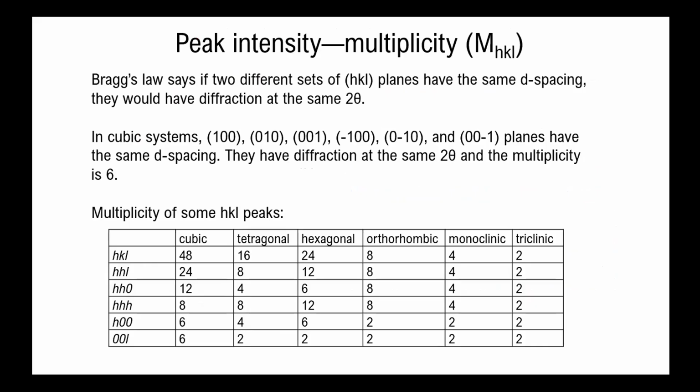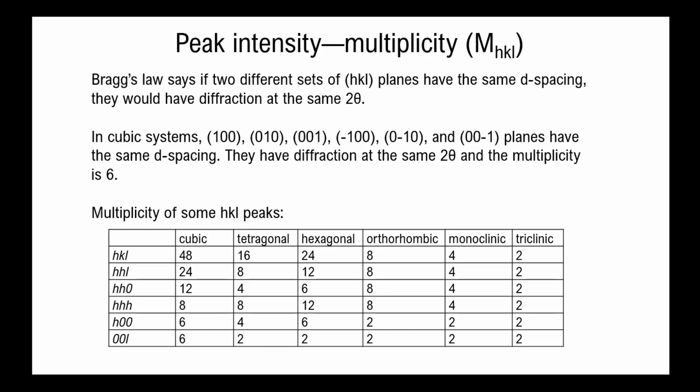Okay, we'll move on to the other factors that influence the intensity of the peak. So this is a simple one, multiplicity, and it's basically based on the idea that whenever you have the same d-spacing, you'll get the diffraction at the same angle, right?